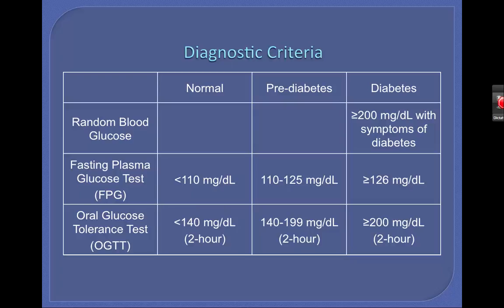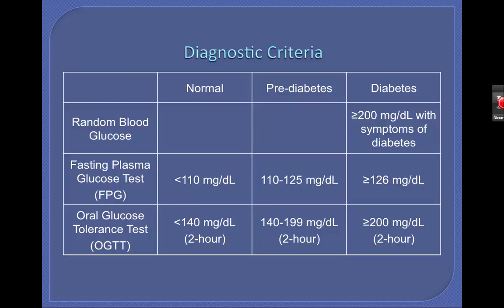Here are the normal, prediabetes, and diabetes values. If you have a random blood glucose level of 200, you have diabetes. If you have a fasting plasma glucose greater than 126, you're a diabetic. If you have an oral glucose tolerance test greater than 200, you're a diabetic.